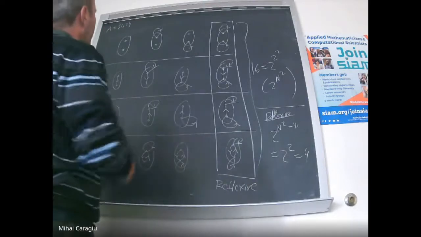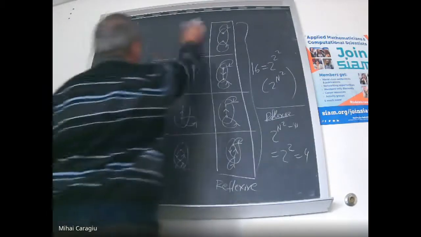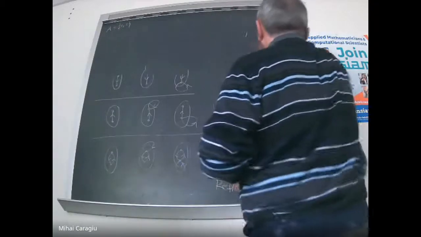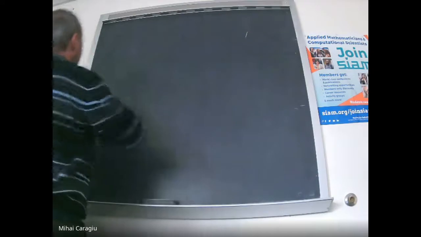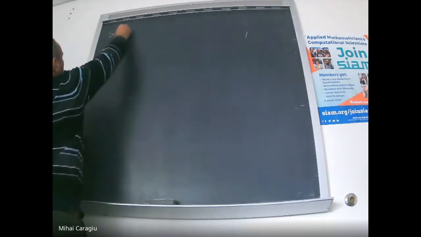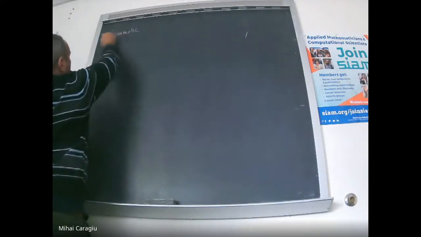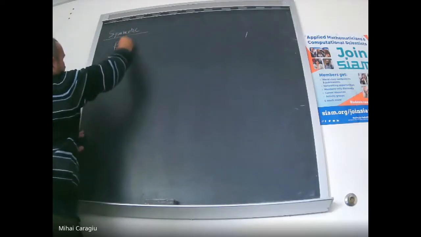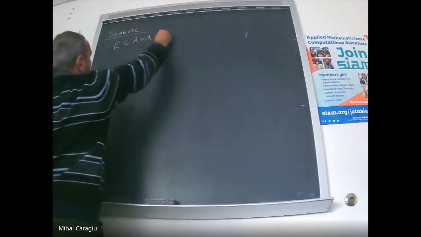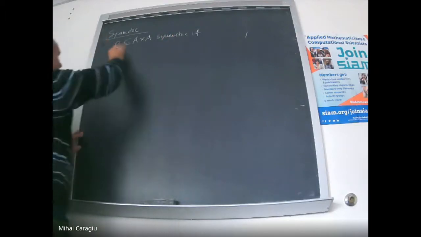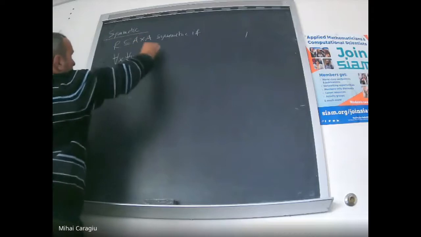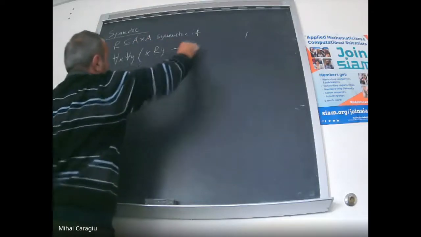Let's move on: symmetric relations. A binary relation, a subset of A cross A, is symmetric if for every x and every y, if x R y, then y R x.